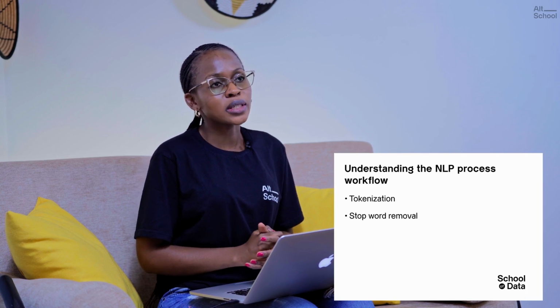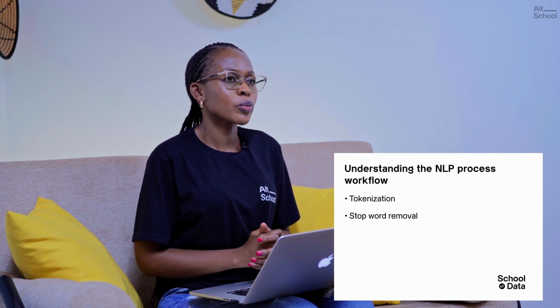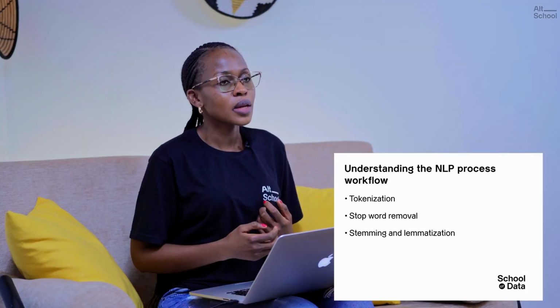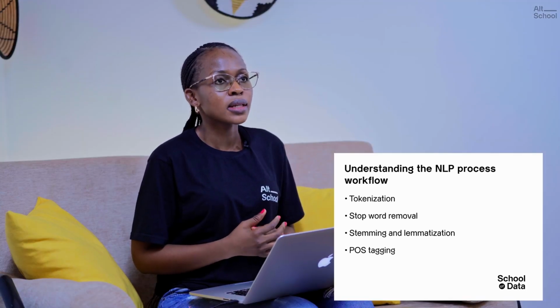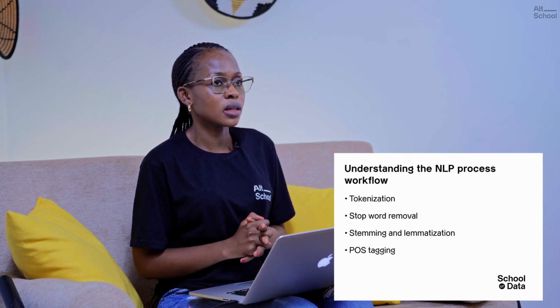So removing stop words includes removing common words that don't add much meaning to the data, e.g. prepositions, punctuation, etc. So after removing the stop words, we can apply our stemming and lemmatization. These reduce the words to their base form. Then we can apply POS tagging. So POS tagging tags words with their part of speech based on the definition or context.